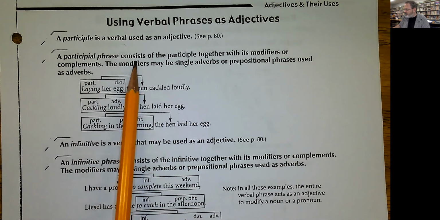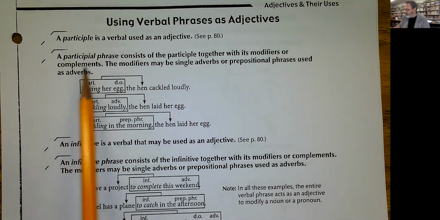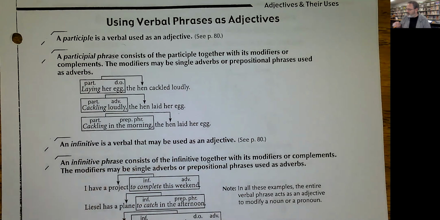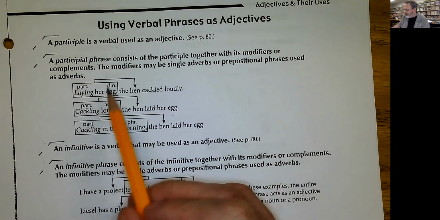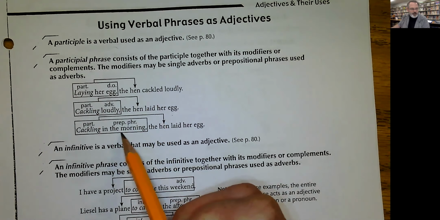A participial phrase consists of a participle together with its modifiers or complements. The modifiers may be single adverbs or prepositional phrases used as adverbs. Laying her egg is describing hen. Which hen? The one that's laying her egg.